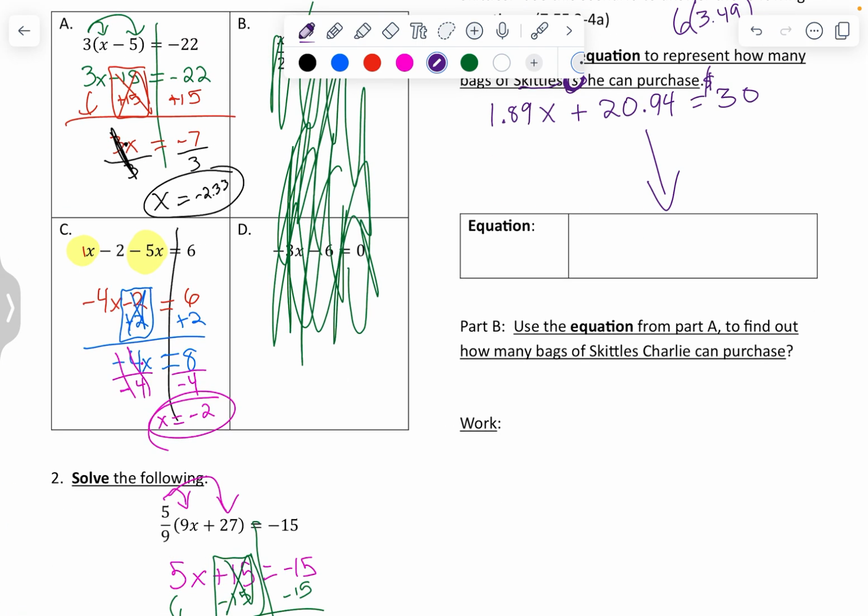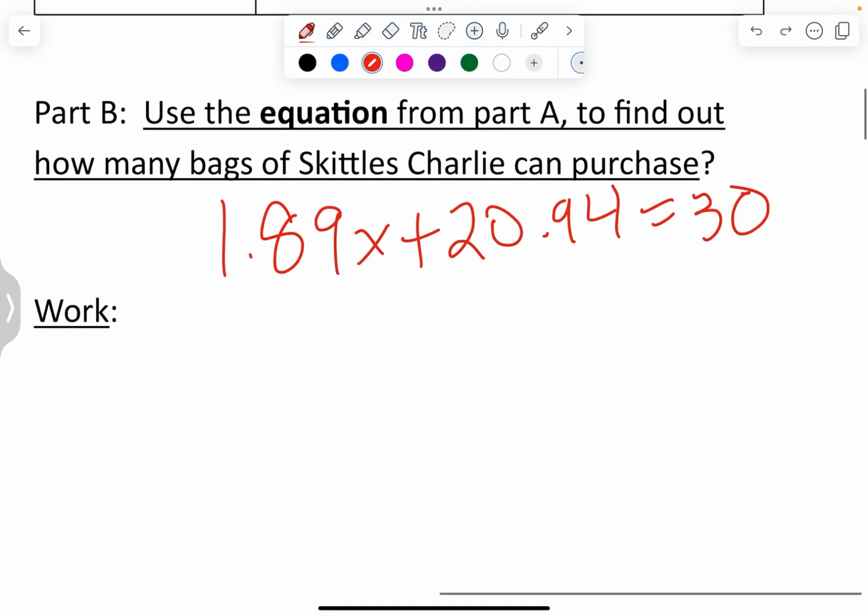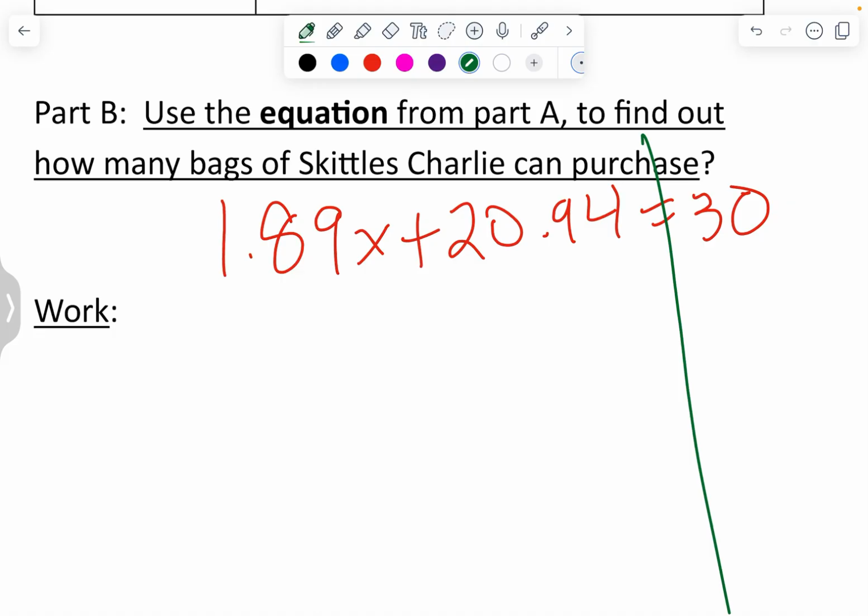Now, I want to use that equation to figure out how many bags of Skittles I can buy. Now, remember, we don't want to go over because going over would mean we're spending more money, and that's not cool. All right, well, I can't combine these two things, so let's start shifting things over to the other side.